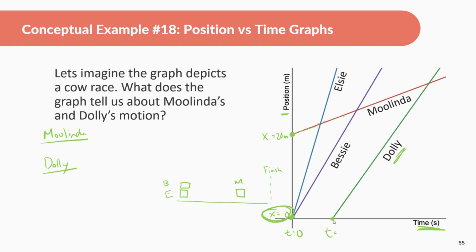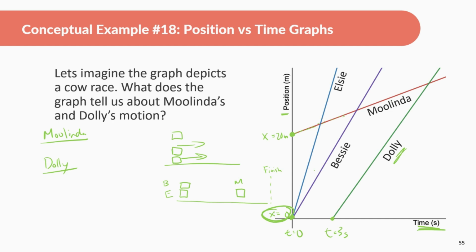Maybe it's not allowed to move until 3 seconds. Or maybe Dolly, when the gun goes off, kind of doesn't move, forgets that it's in a race, and then starts to move a little bit later. So what would be happening is, let's draw it out. Let's have Elsie and Bessie here. They'd both go, and then Dolly would move 3 seconds after, and so forth.